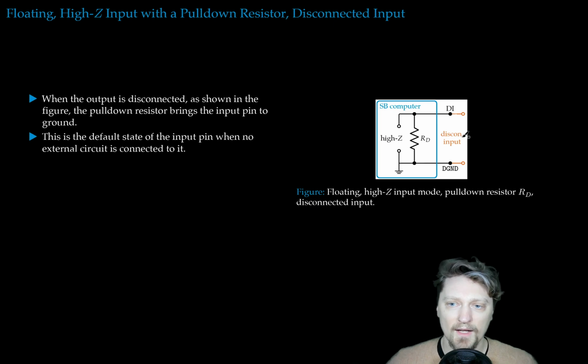So now that we've disconnected the input, this digital input pin will approach the ground voltage. There will be a current that will flow here to make these in steady state the same voltage. This is the default state of the input pin when no external circuit is connected to it. So this is floating high Z input with a pull-down resistor, disconnected input, that case.